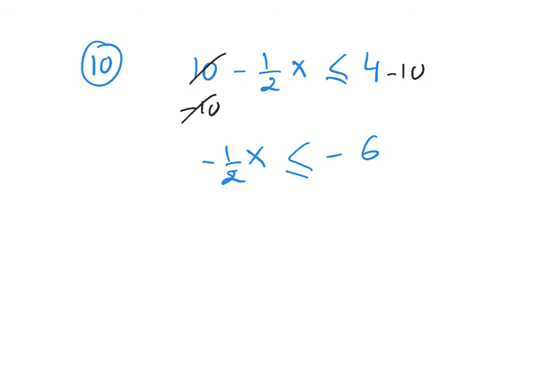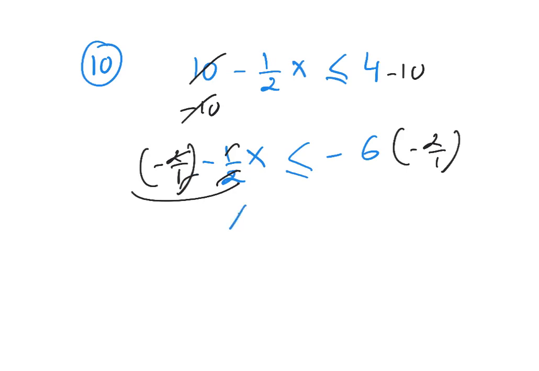The next step, we need to get rid of negative 1 over 2, so we multiply by its reciprocal, which is negative 2 over 1. That's the negative reciprocal. The whole thing is going to be 1 because we simplify 2 with 2, 1 with 1, and negative times negative is positive, so we just keep 1x, or x.